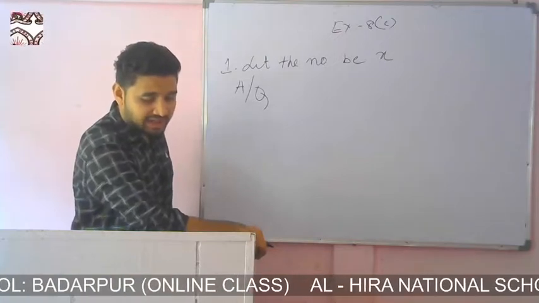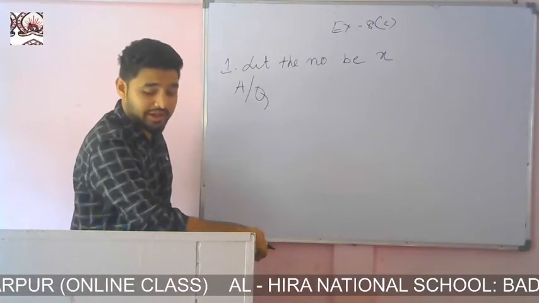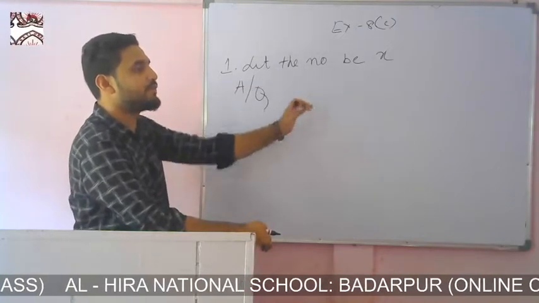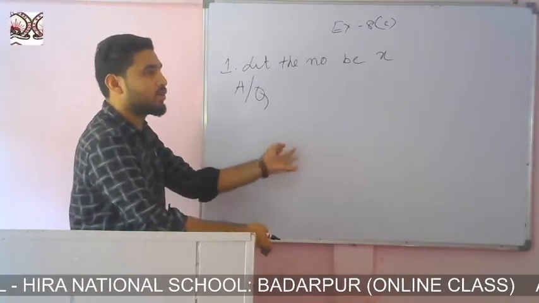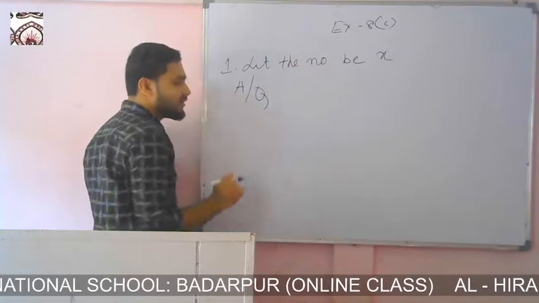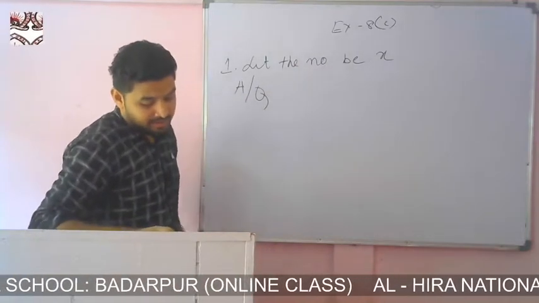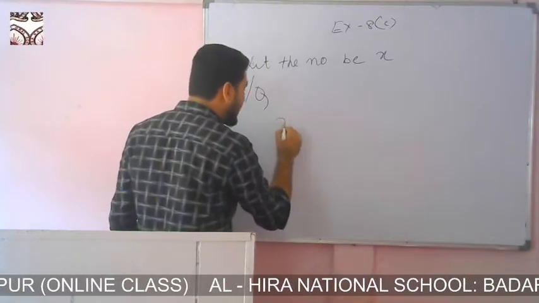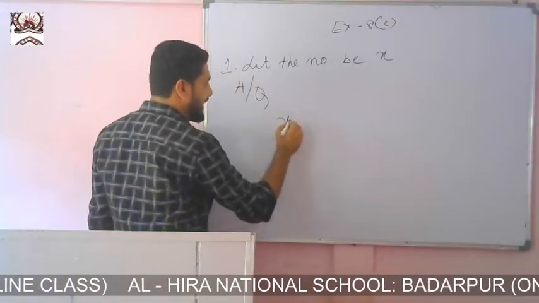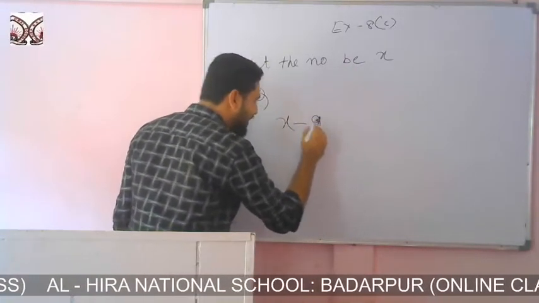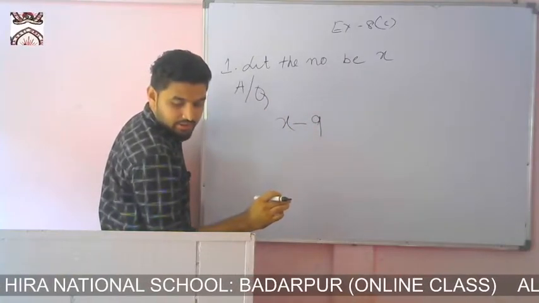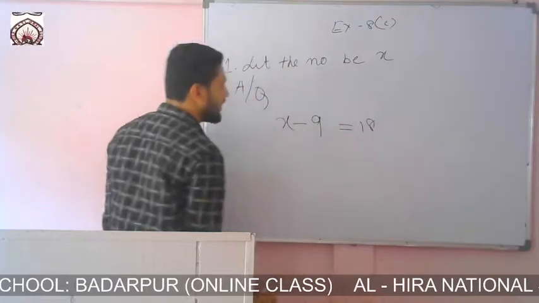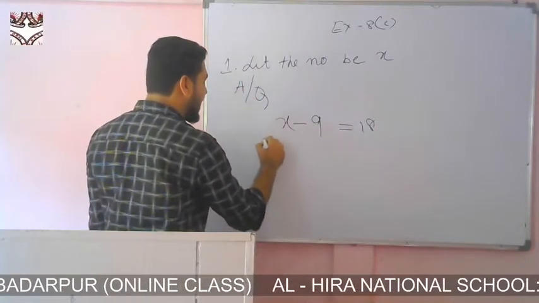Now according to the question, it says write as an equation and solve. That means first of all we have to write the equation, after that we have to solve. So according to the question, a number decreased by 9: we let the number be x and it has been decreased by 9, so minus 9 is 18, that means equals to 18.